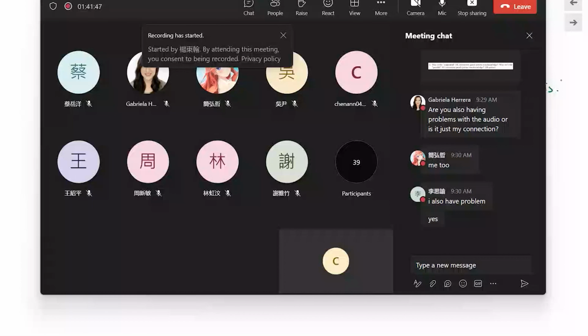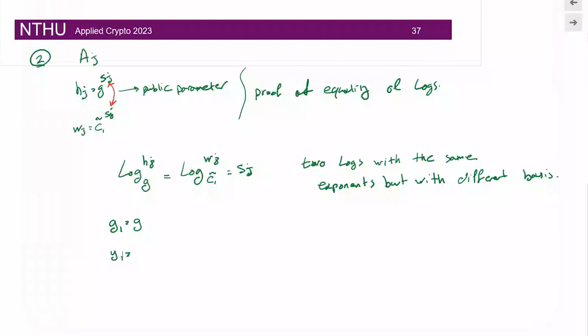Okay, so I'll go a bit back in case. We said that every authority has to provide us this WJ so that we can recover the votes, the counts. But we also need to make sure that if he's an honest one, he has to raise this C1 tilde to his share SJ.